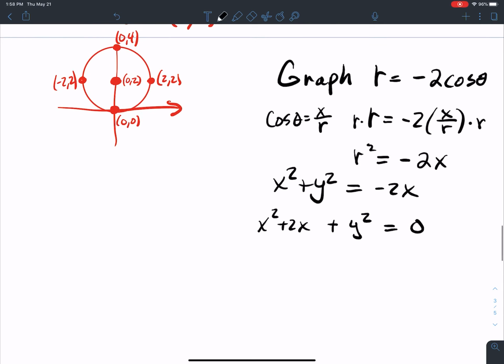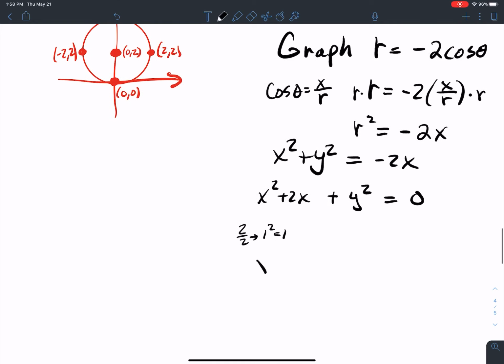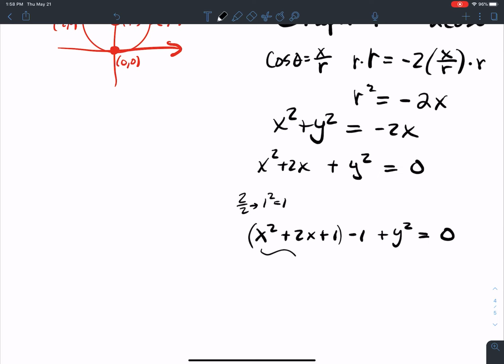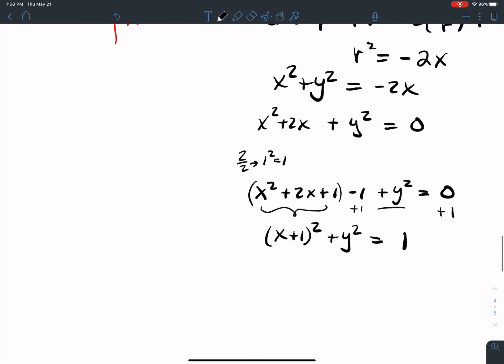And then I complete the square again: half it, get 1, square it, still get 1. So I'm going to add in 1, but I'm also going to subtract out 1, so that I keep the same equation. So this completes the square: (x plus 1) squared plus y squared equals, I'm going to add the 1 to both sides and get 1 over here.